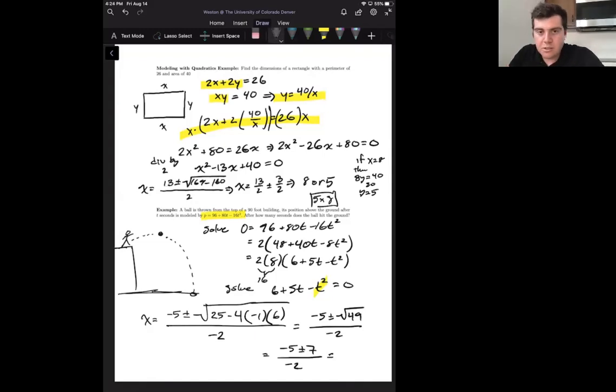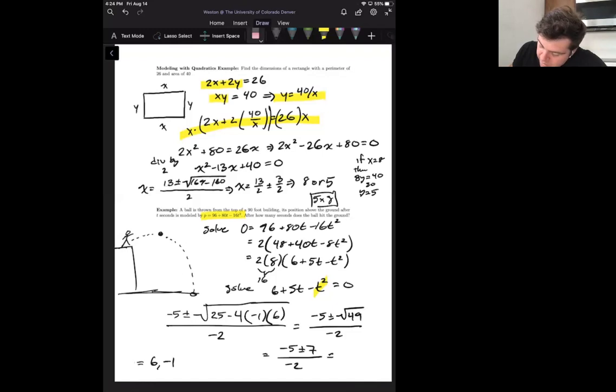And so that gives us 2 solutions, which I'm actually going to write on the bottom right. So then x equals either 6 or -1. And I'm sorry, I switched to x when we had t's.